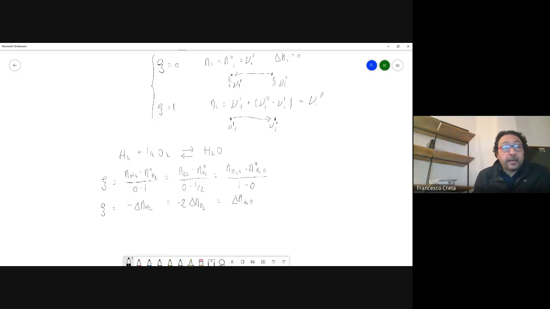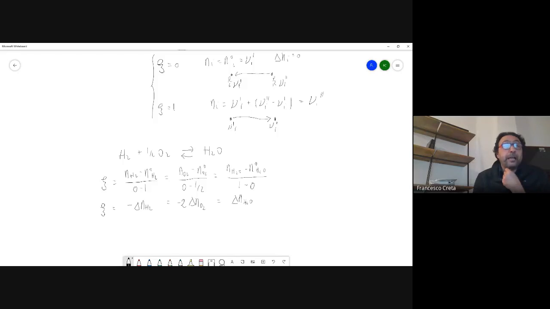Again, you can see that Xi is 0 at the initial composition because N will be equal to N0. You can also see that, for example, the leftmost value when the whole thing is shifted towards the left will correspond essentially to a situation where the number of moles of water will be 0.